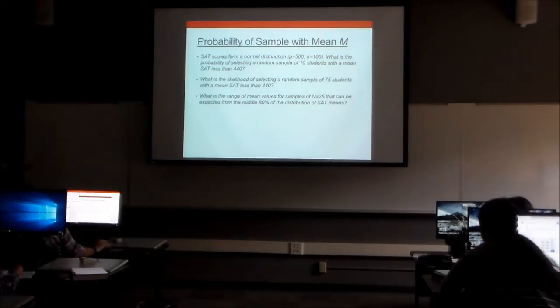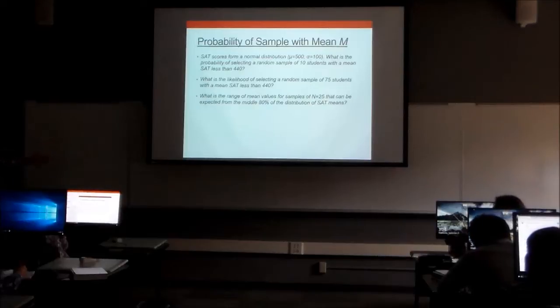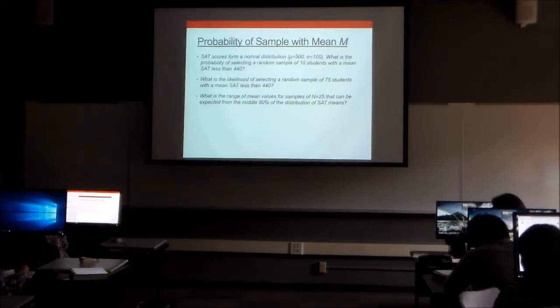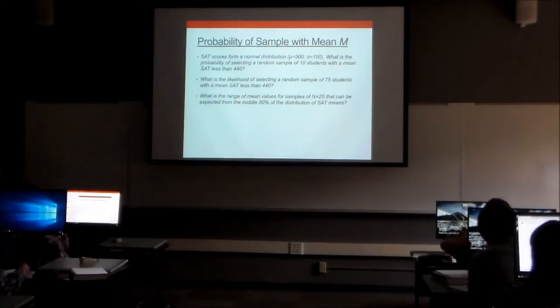Would we be likely to randomly select 10 people and have their mean score be below 440? No, right? That would be a rare occurrence. We probably wouldn't find that.